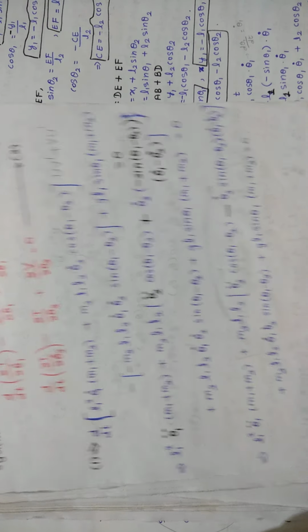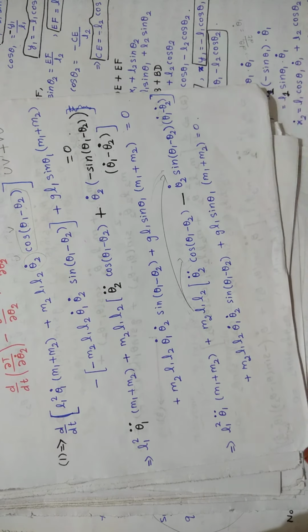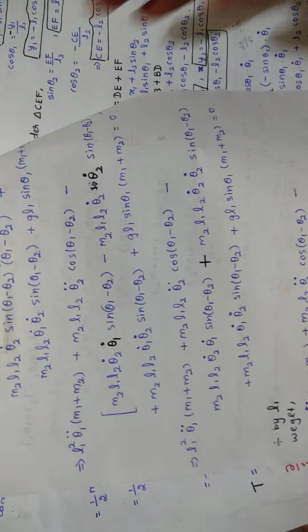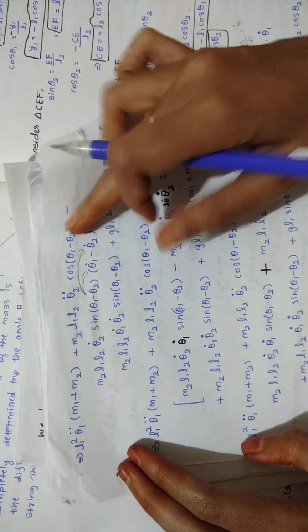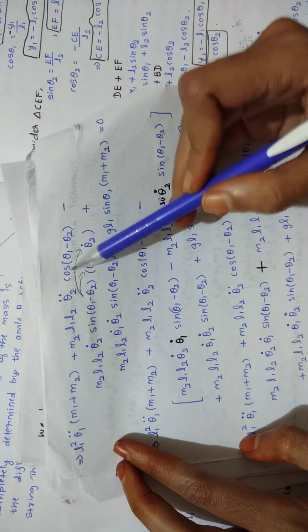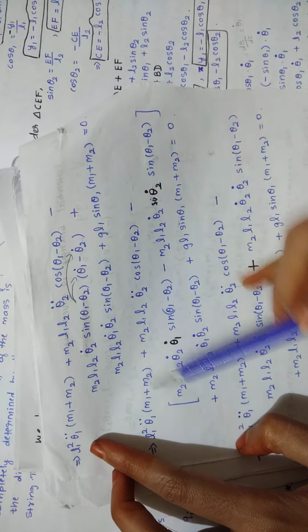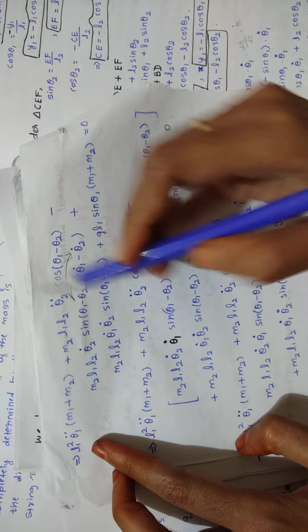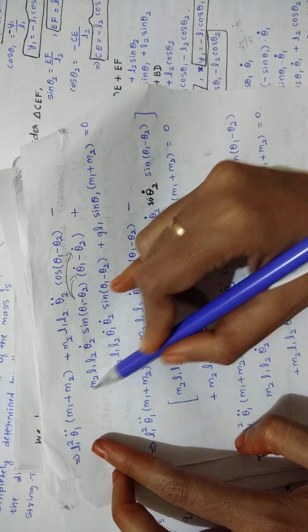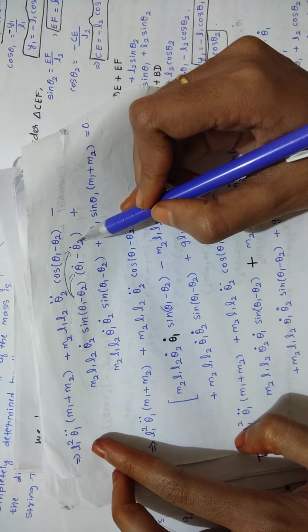In the next step you will multiply this term inside, so that you will get the next step that I am going to show you. So you will get this, right? In the next step, write these terms as it is, put the minus, and multiply this with this theta 1 dot, and then multiply this with this theta 2 dot.